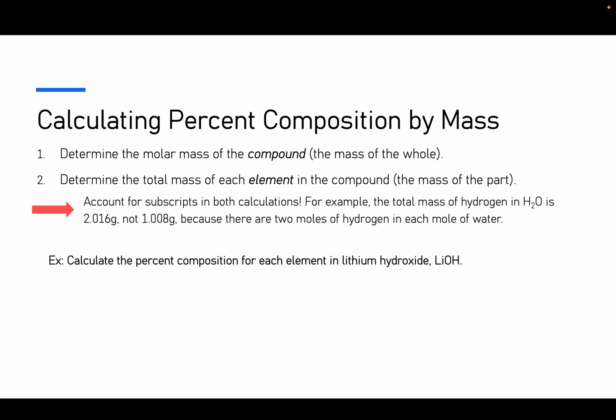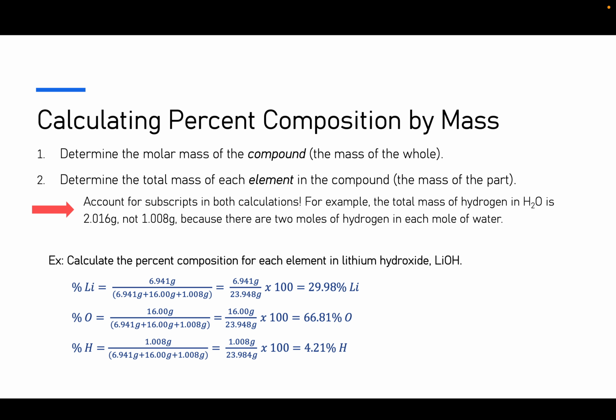Remember, they tell you how many atoms are in each of the molecules, but it also tells you how many moles of that element are in a mole of the compound. For example, for water, if you're figuring out the total mass of hydrogen, you need to take the molar mass from the periodic table and multiply by 2, because every mole of water has 2 moles of hydrogen, right?